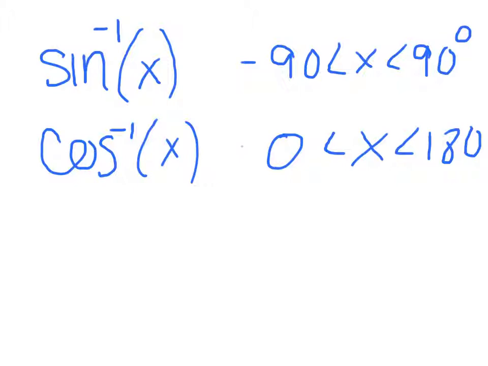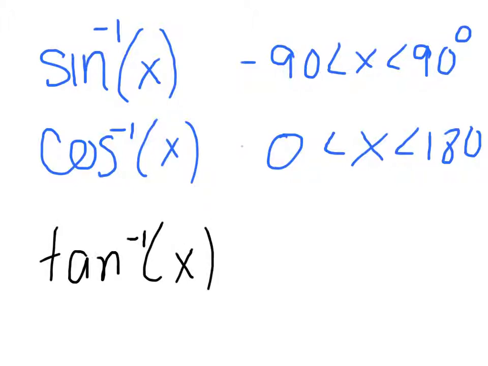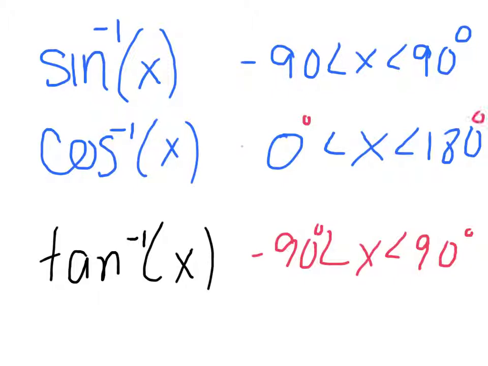And if they do not tell you which quadrant to give the answer for tangent in, you're always going to give the answer between negative 90 and 90. These are hard and fast rules. You might have to memorize them.